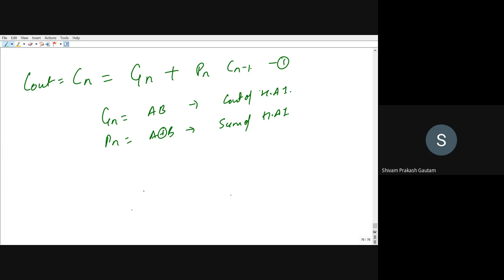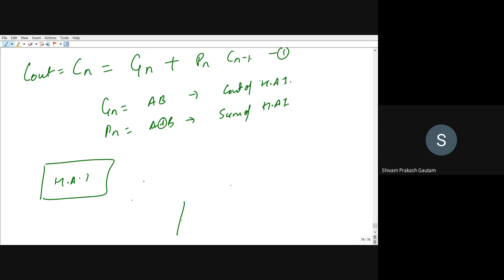Which carry can propagate? Let me draw that half adder again. So this is the first half adder, and this is our second half adder. Here two inputs will be there, A and B, so two outputs will be there. The first output, carry, we are calling Gn.